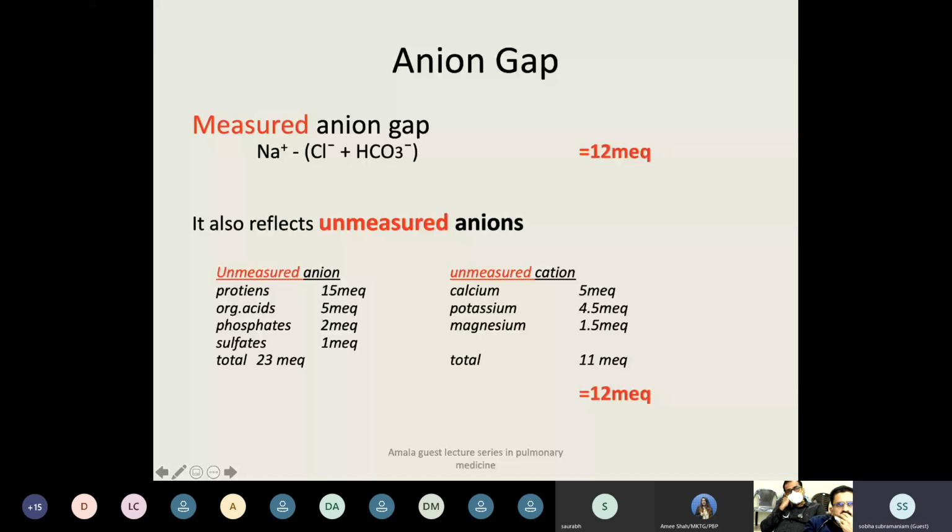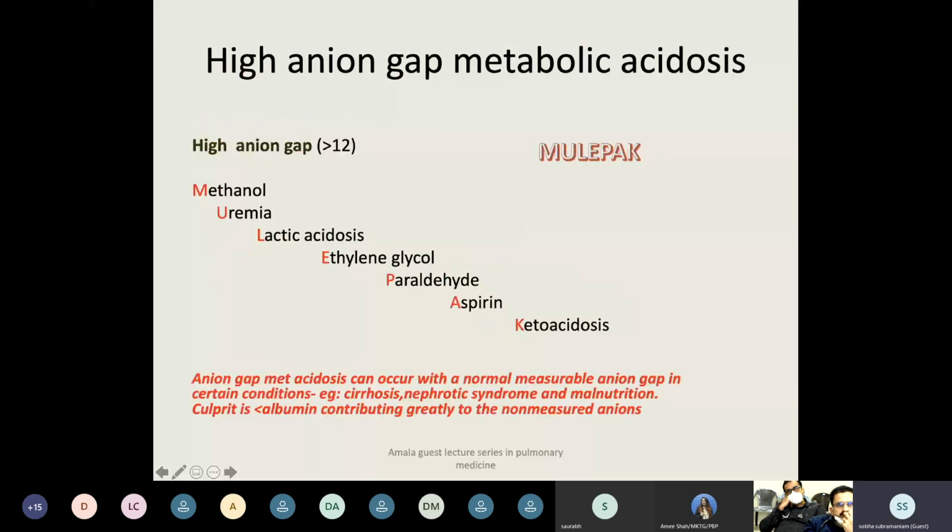So what is high anion gap metabolic acidosis, where the anion gap is more than 12? The MUDPILES mnemonic is there. Methanol poisoning, uremia, lactic acidosis as in sepsis or LVF, ethylene glycol poisoning, paraldehyde poisoning, aspirin toxicity, and diabetic ketoacidosis are classic examples of high anion gap metabolic acidosis.